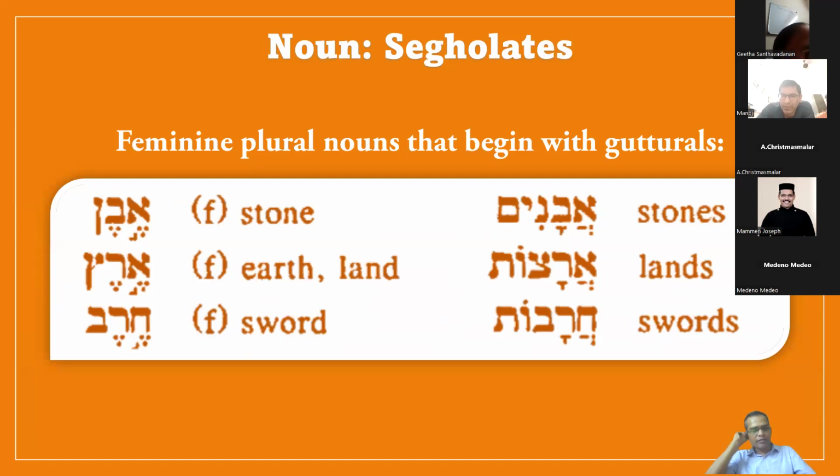Is there a feature to find out, or do we just have to memorize all these things? Because in other lessons we learned only that -im is masculine and -ot is feminine. You can memorize, but usually we can use the lexicon, even when we are trying to translate.